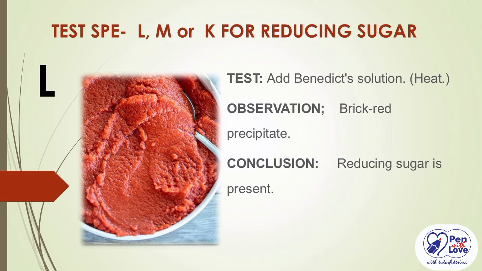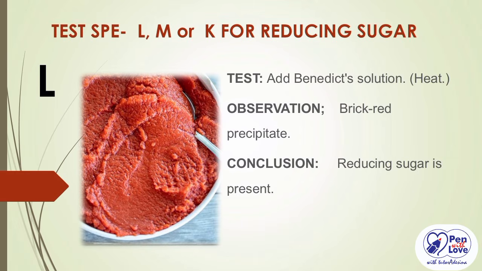Another test is going to be on specimen L or specimen M. And they can also ask you to use specimen K again because of Benedict solution. Iodine is used to test for starch, while Benedict solution is used to test for reducing sugar, such as fructose, all those monosaccharides.